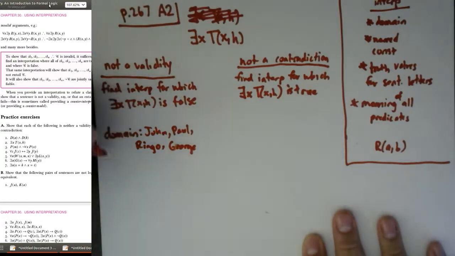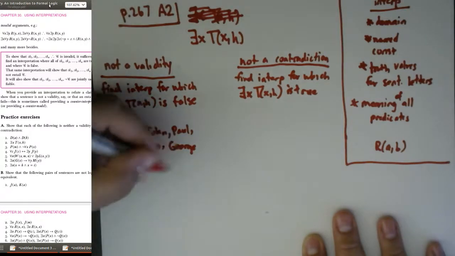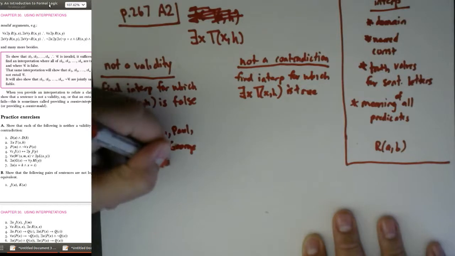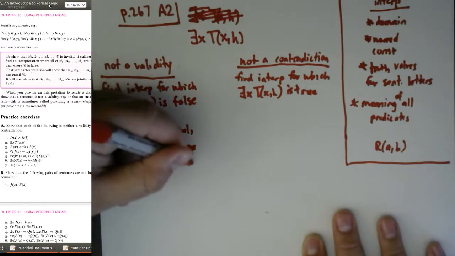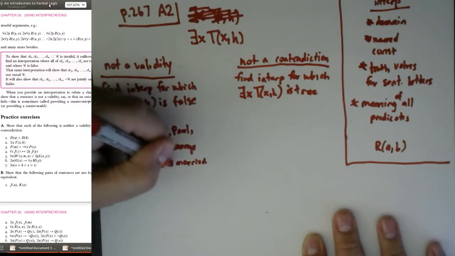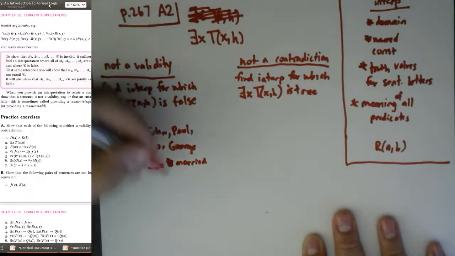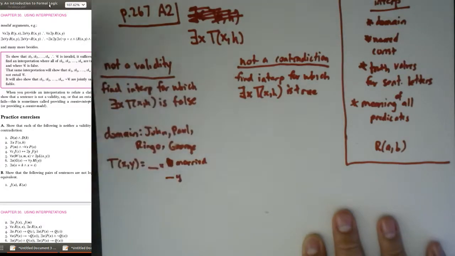So let's let T x y be the statement x married y. Maybe I shouldn't say is, because some of them are dead. X married y. Now, none of the Beatles married each other, so that's going to be false all the time.